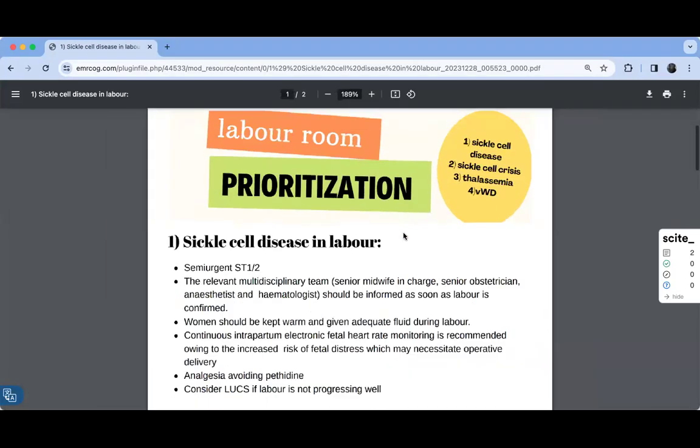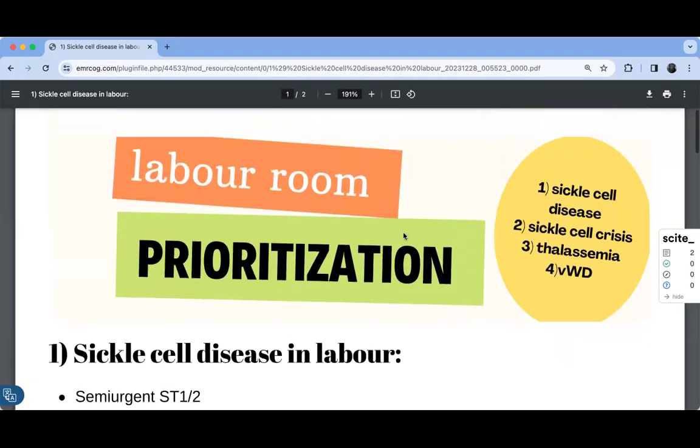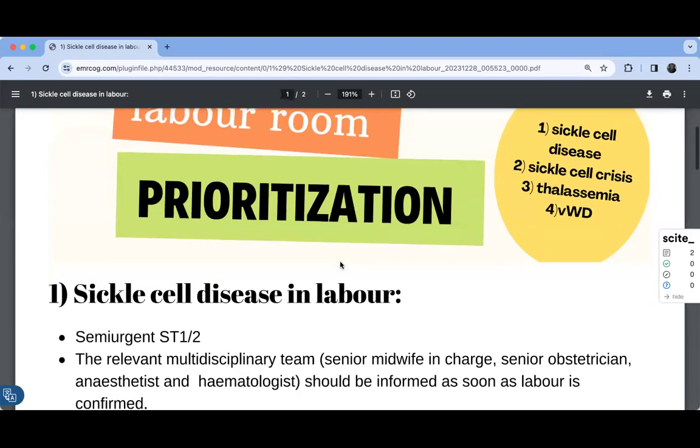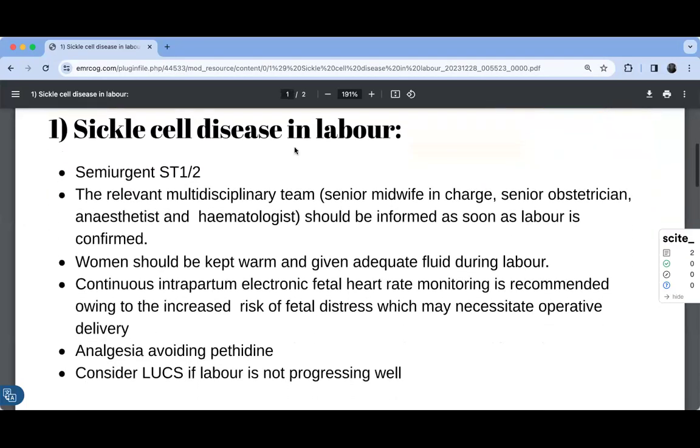In labor ward prioritization, we can see part of the hematological disorders, and the famous one is sickle cell disease or sickle cell crisis, sometimes thalassemia or von Willebrand disease. Sickle cell disease in labor can be managed as a semi-urgent case by ST1 or ST2.